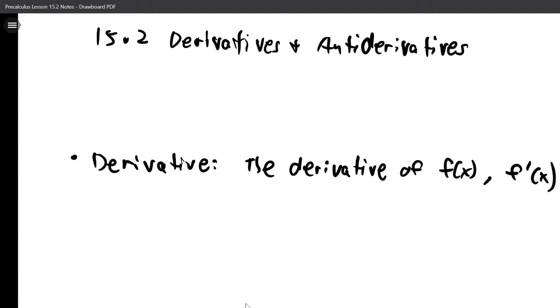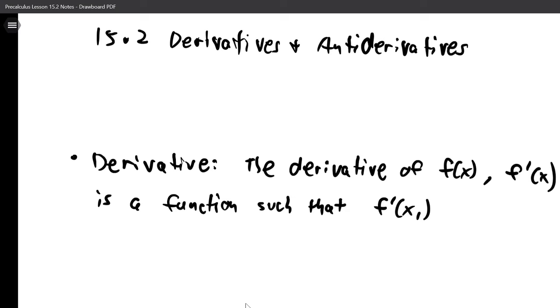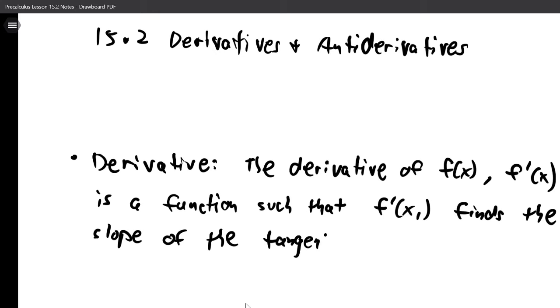So the derivative of f of x, f prime of x, is a function such that f prime of x sub 1 finds the slope of the tangent line of f of x at x sub 1.